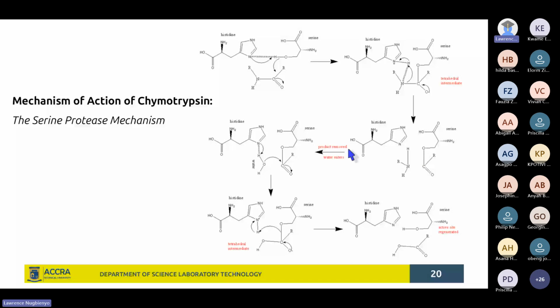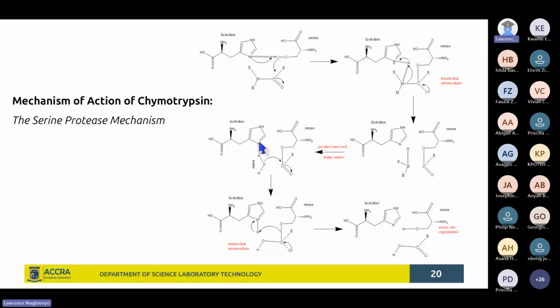And what is water doing? You see the hydrogen which was transferred from the hydroxyl group of serine has to be gotten back from where? Water. Water gets ionized into hydroxyl and hydrogen ions. And so that proton is transferred from water back onto the nitrogen of the imidazole ring.